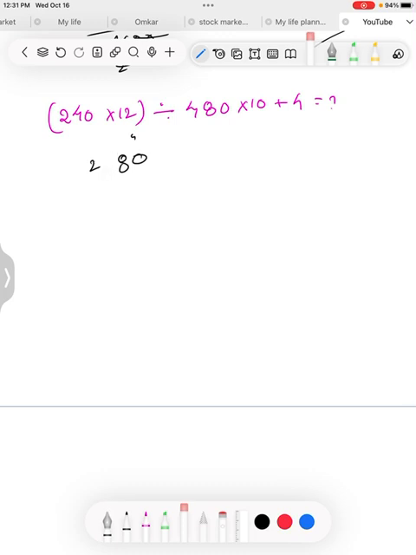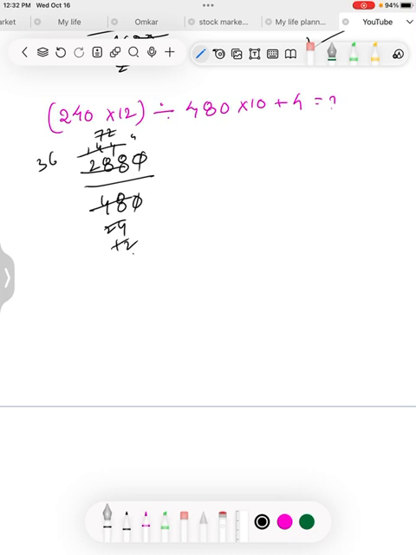And let us divide it. Go for small numbers only, because later you won't get problems. So in this way we got this, right?